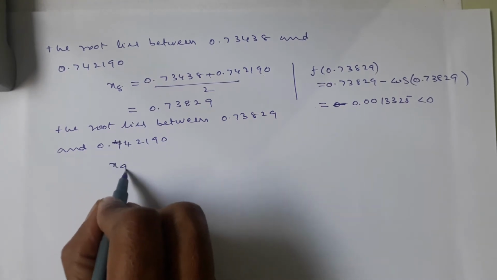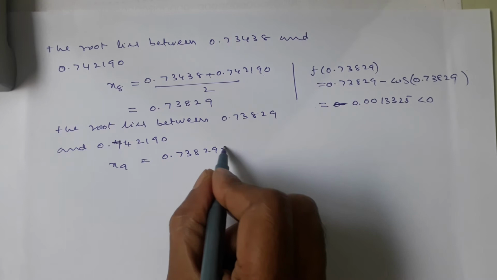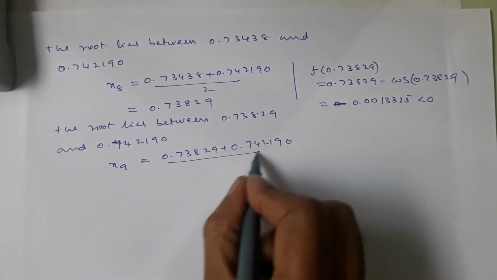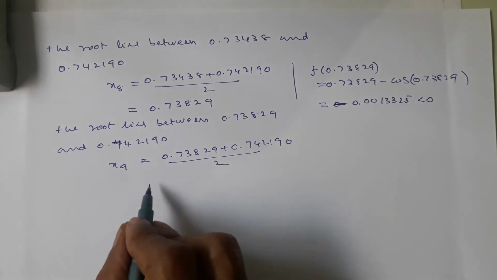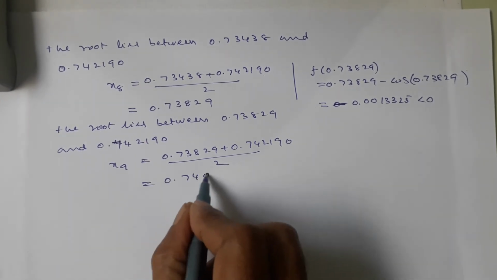So x9 is equal to 0.73829 plus 0.742190 divided by 2 is equal to 0.7402.